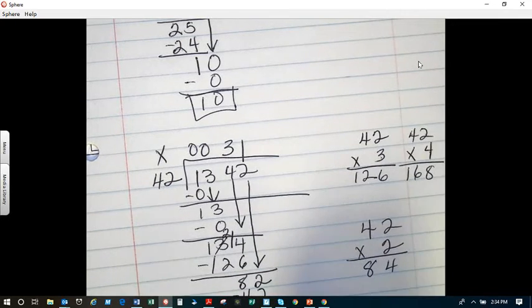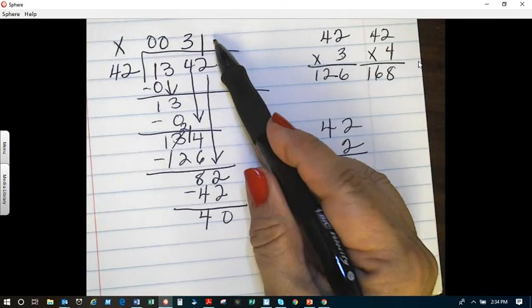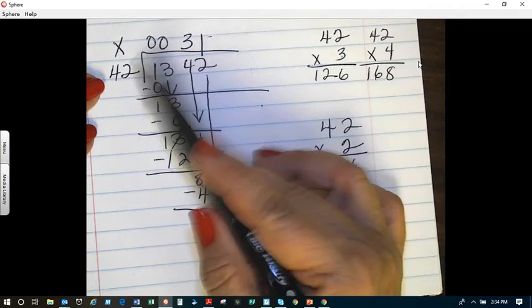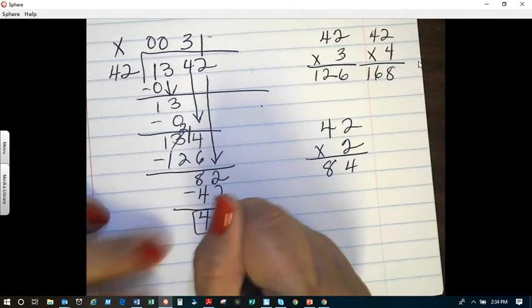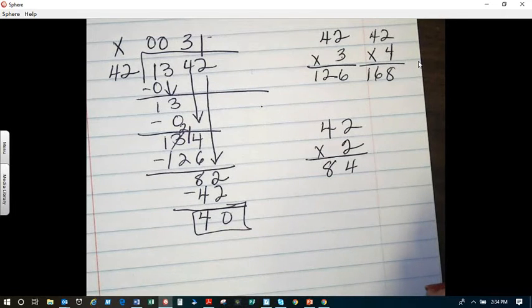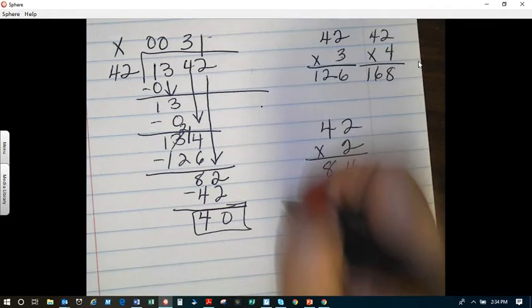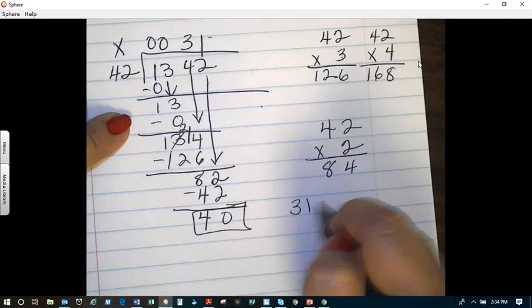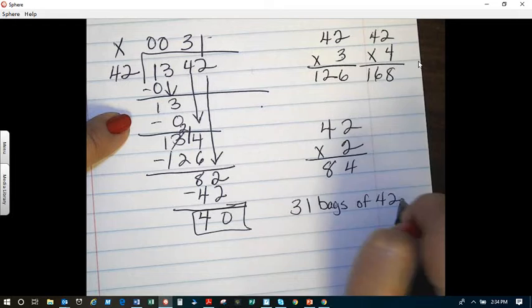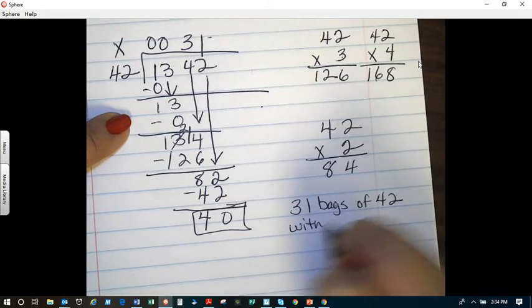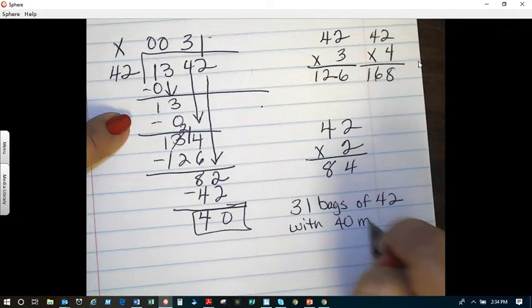I have 40. Oops, sorry about that. There we go. So it was only one more bag of 42, so I took the difference. So this is what's remaining. So how many bags would I need? There's 31 bags of 42 with 40 marbles left over.